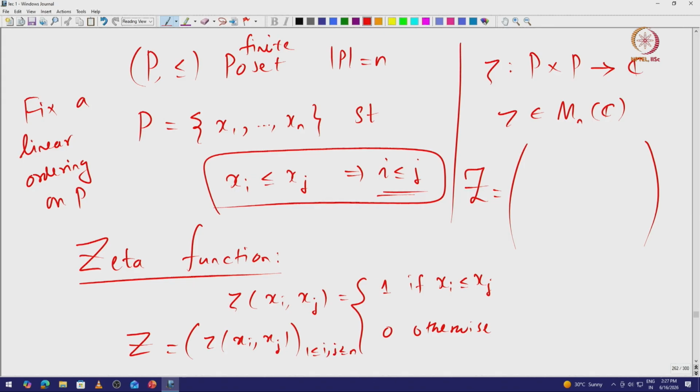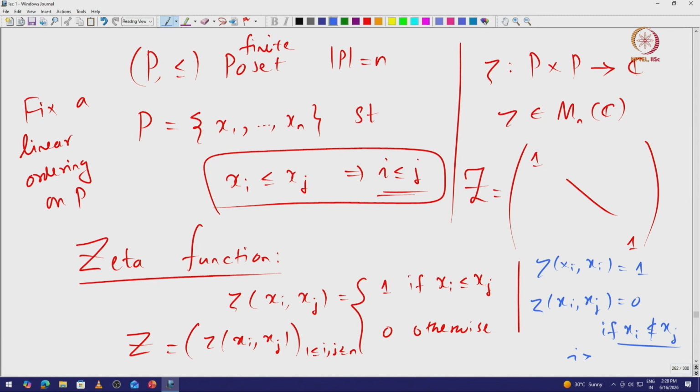This matrix has diagonal entries 1, because zeta of x_i, x_i is 1, since x_i is less than or equal to x_i. And zeta of x_i, x_j is 0 if x_i is not less than or equal to x_j; with respect to the linear extension, this implies that i should be greater than j.